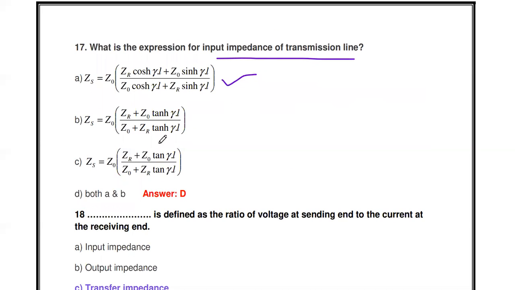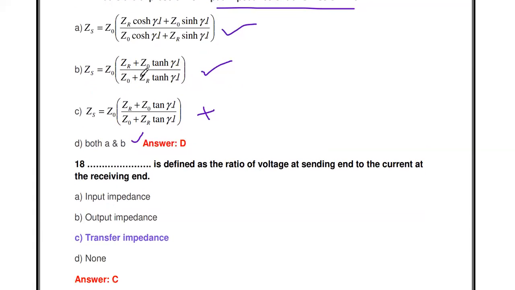It's correct. Similarly, Zs is equal to Z0 into (Zr plus Z0 tanh eta L) by (Z0 plus Zr tanh eta L). This is also correct, and this one is wrong. So both A and B are the answer. These two are the formulas for the input impedance of a transmission line in terms of characteristic impedance, load impedance and propagation constant eta.